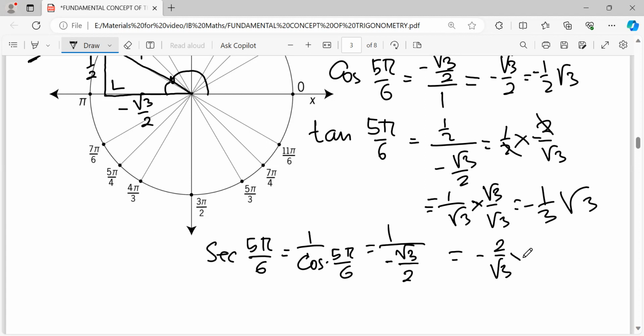If you multiply by square root 3 over square root 3, it's going to be negative 2/3 square root 3.